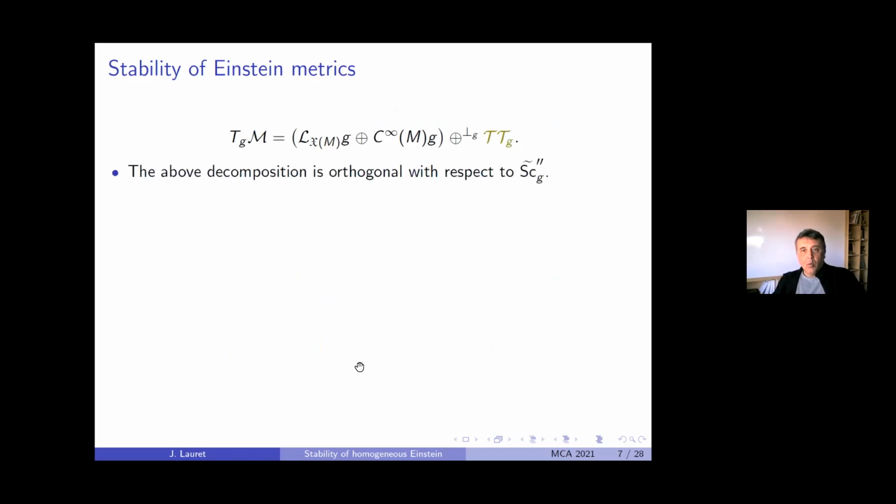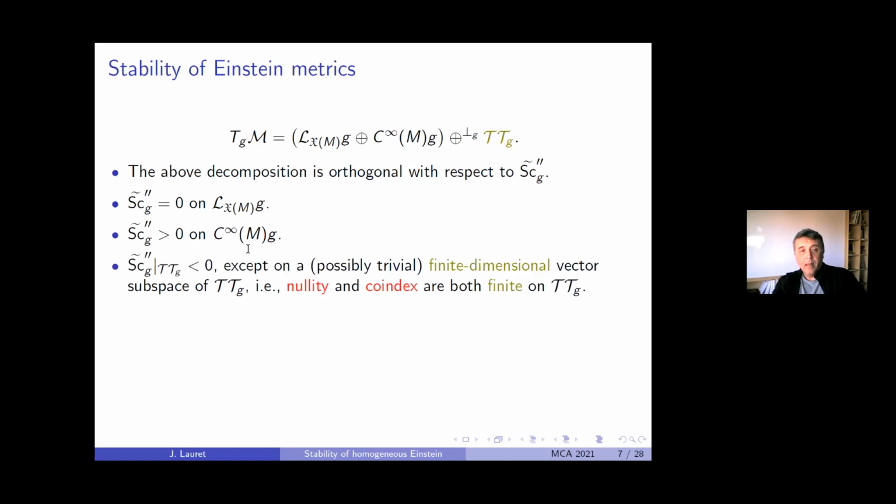Okay, why is this relevant? Because, well, the decomposition is orthogonal with respect to the Hessian. The Hessian is 0 clearly on these trivial variations, it is positive on conformal variations, and on this third one, the TT tensors, the nullity and the co-index are finite.